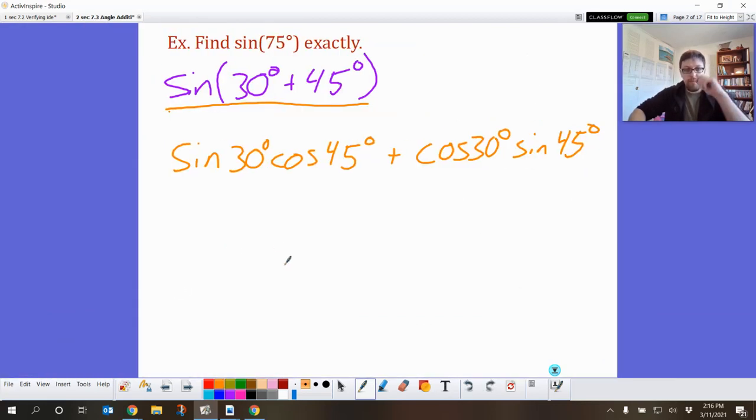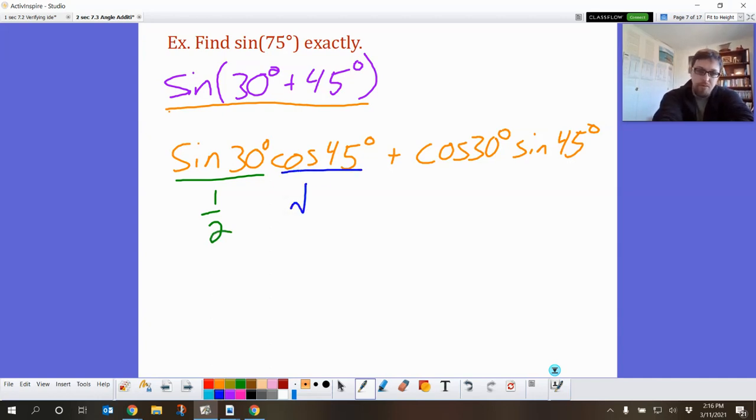Well, I actually don't know this very well in terms of degrees, but I do know it pretty well in terms of radians. The sine of 30 degrees is the sine of pi over 6. Sine of pi over 6 is 1/2. So that is 1/2. The cosine of 45 degrees, that's the square root of 2 over 2.